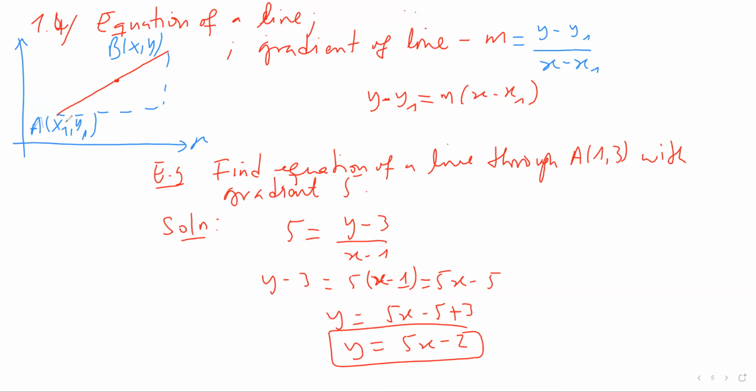So if you take these two values, then the gradient is y minus y1 over x minus x1. And with that, you will be able to write down the equation of a line.